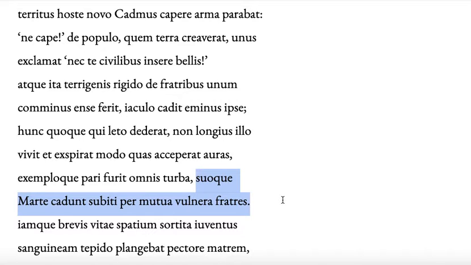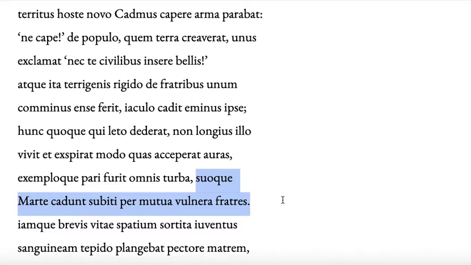So they fall, literally it's ablative, with their own war or something, but you could say in their own war. You could supply the word in, which is not there in the Latin. And they fall per mutua vulnera, through mutual wounds.